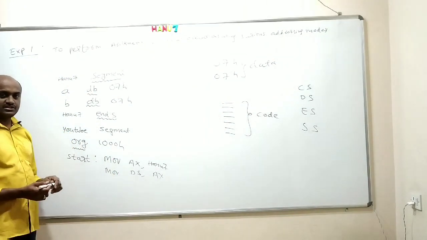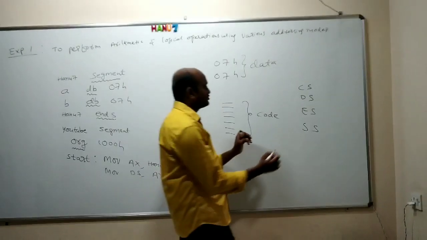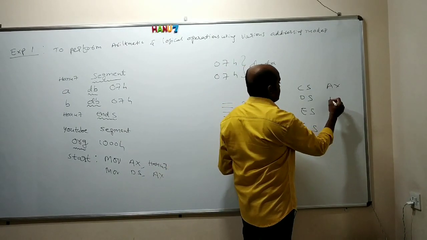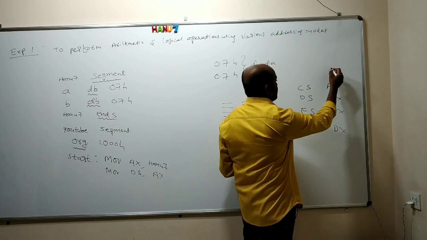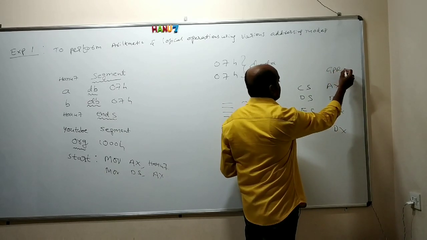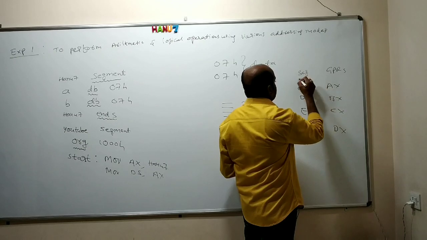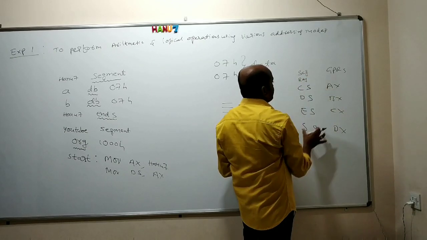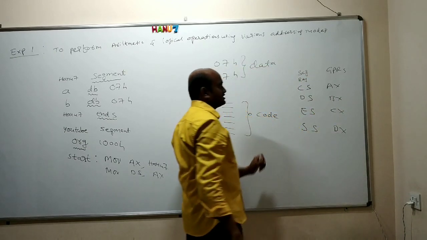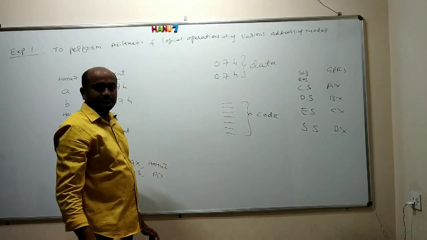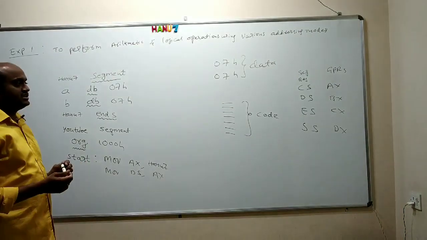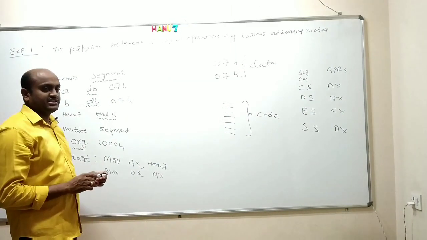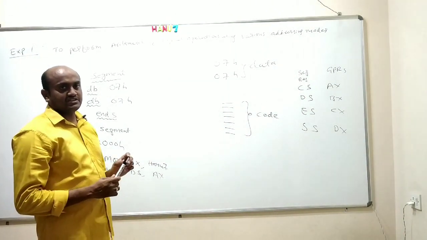So what is this AX? Again, there are four more registers: AX, BX, CX and DX. These are called general purpose registers. Those are segment registers and these are general purpose registers. AX is the accumulator, BX is the base register, CX is the counter register and DX is the destination register or data register.